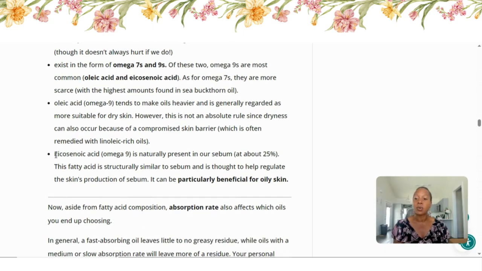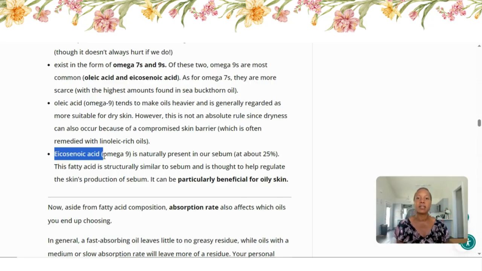Lastly, eicosenoic acid, so omega 9. This is one that is naturally present in our sebum. It comprises about 25% of our sebum, so quite significant. And you will see, as you go through this article where I have a table of oils, that one of the oils that is quite high in eicosenoic acid is jojoba oil, right?